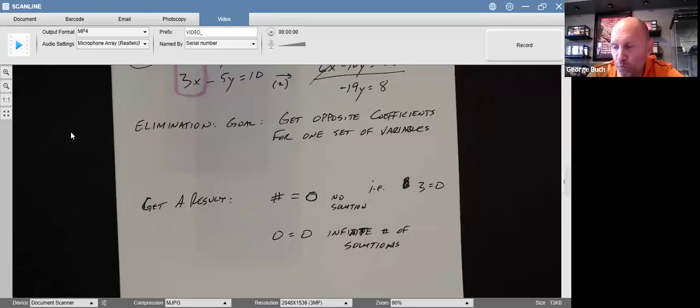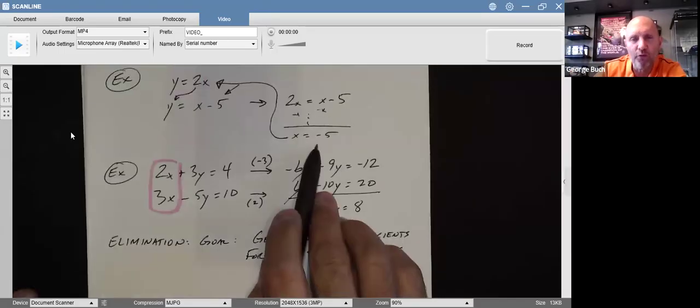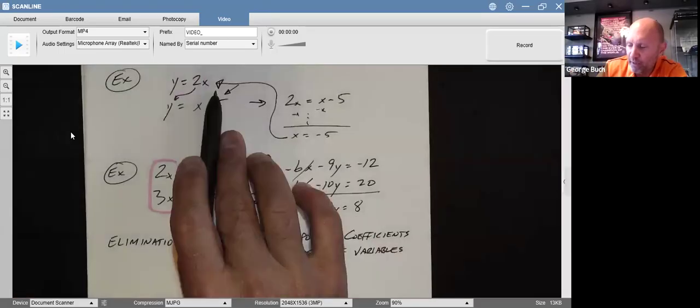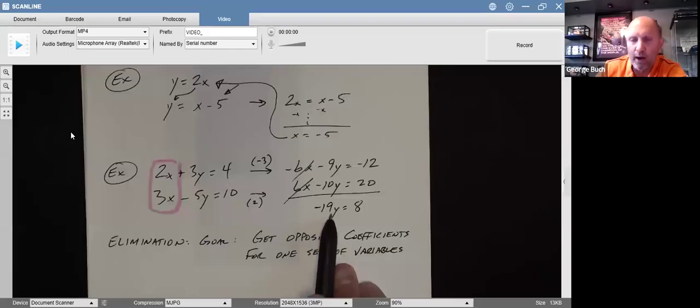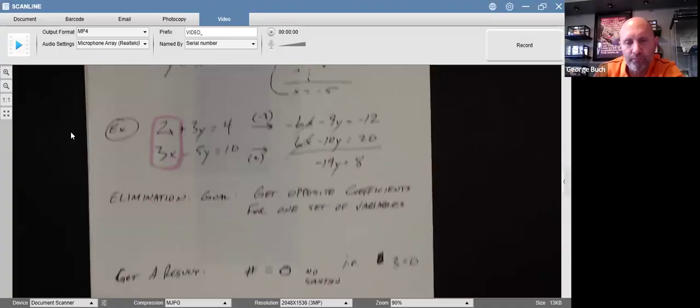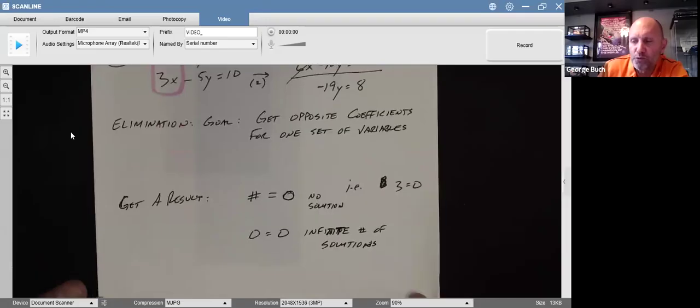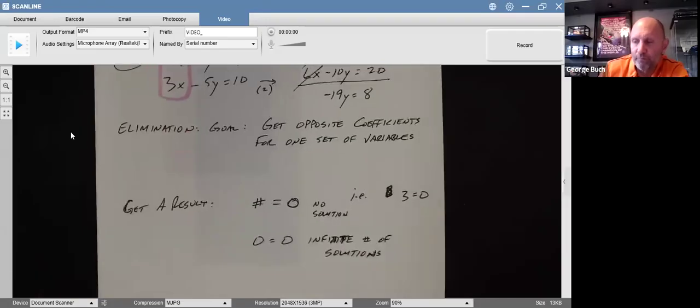And so therefore, you will get something like we had up above here, x equals -5, plug it in to solve for y, or -19y is 8, solve for y, plug it back into either of these equations to get x. So that's when we have a system of two linear equations.